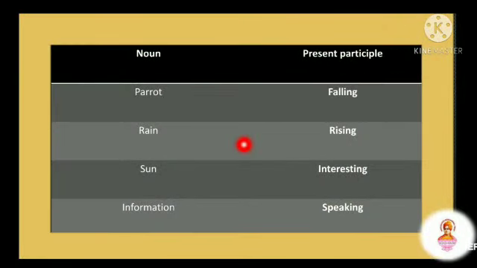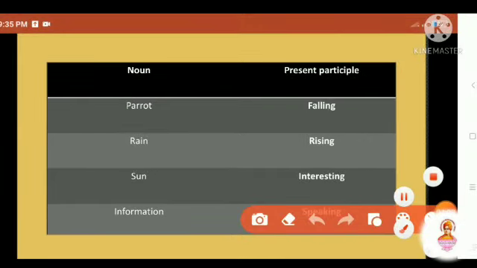Before moving to the exercise, now see, nouns and present participles. You can see the present participles here and the nouns here. For parrot, can you choose the suitable present participle? Falling parrot, rising parrot, interesting parrot, speaking parrot. Which one will you choose? Yes, speaking parrot. Then rain.